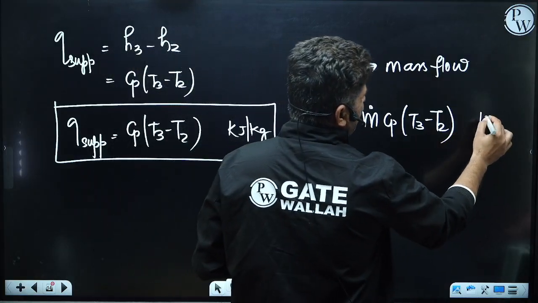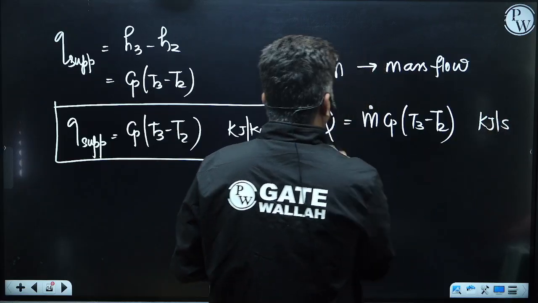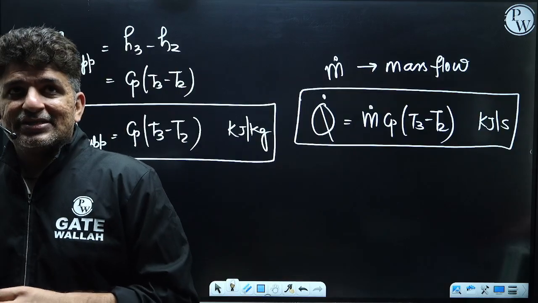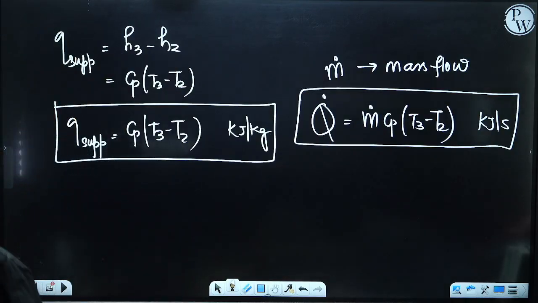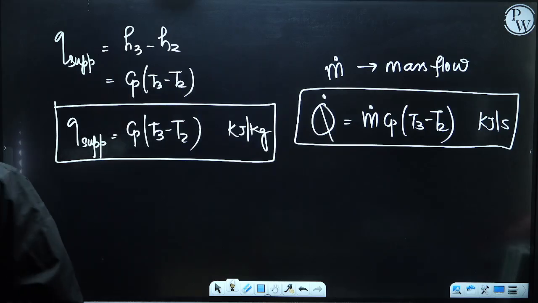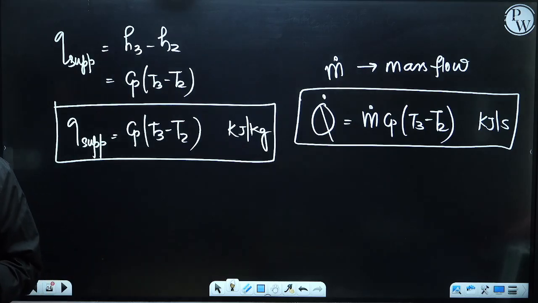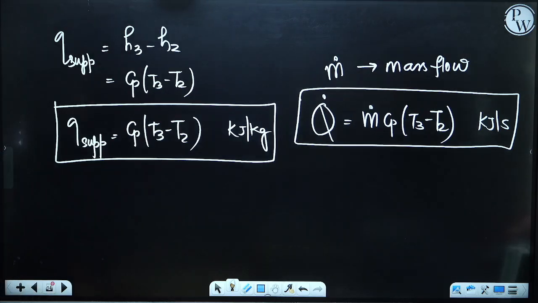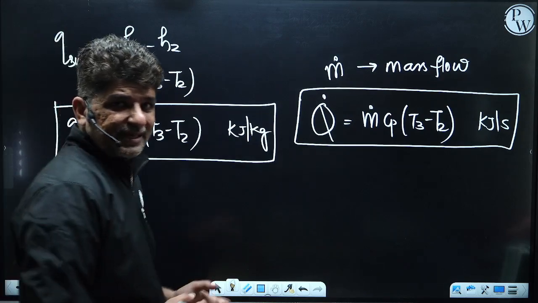And the unit will be kilojoule per second or kilowatt. So the net heat supplied in the heat exchanger is m dot into Cp into T3 minus T2. I hope it is clear.